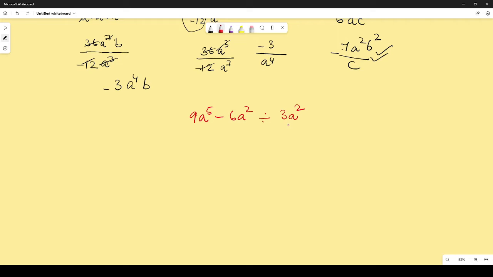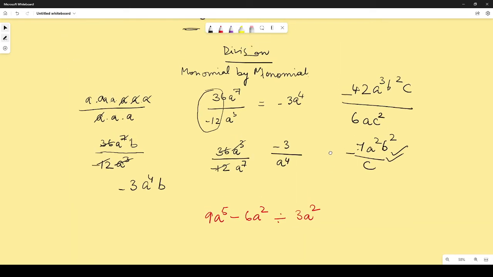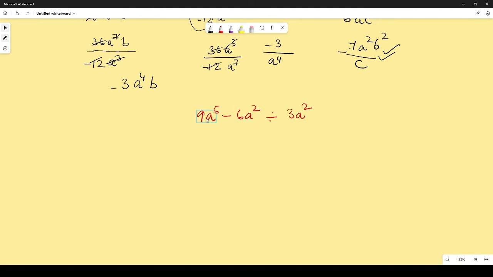So what do we have to do here? Exactly the same way as we did with the monomial, we will take each term and divide it by the monomial.